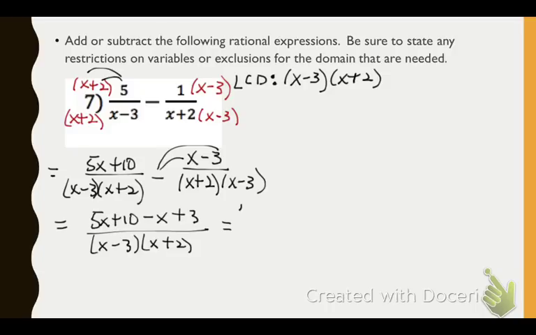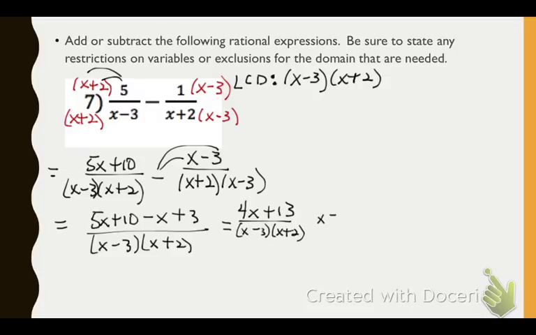So up top, 5x minus x is 4x plus 13, all over x minus 3 times x plus 2. Now I notice that my numerator will not factor.